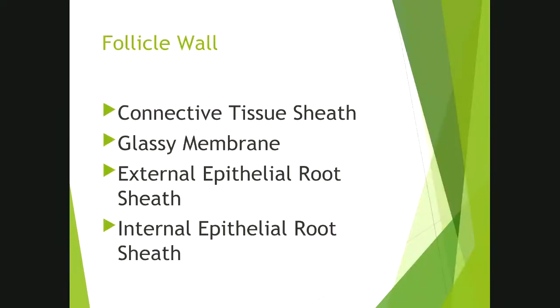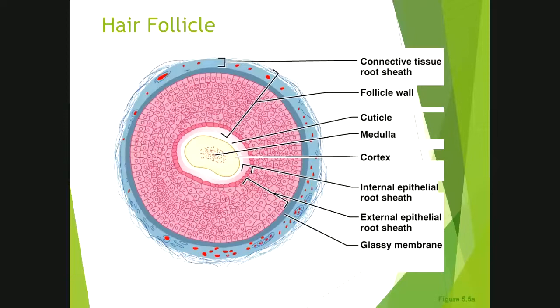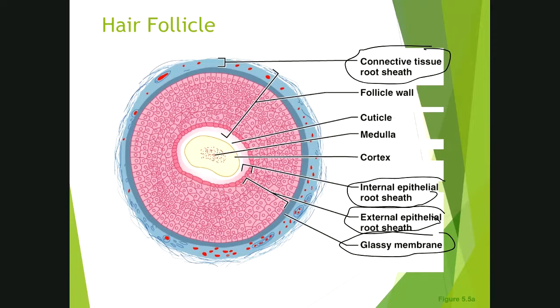Any questions? Again, the easiest way to learn it is just do it in order. Connective tissue sheath, glassy membrane, external epithelial root sheath, internal epithelial root sheath, and then the cuticle, cortex, and medulla.